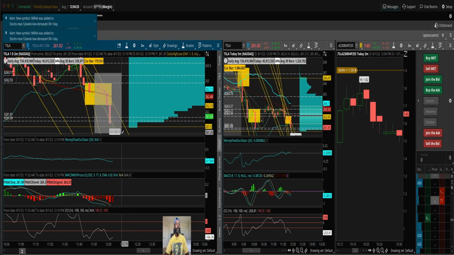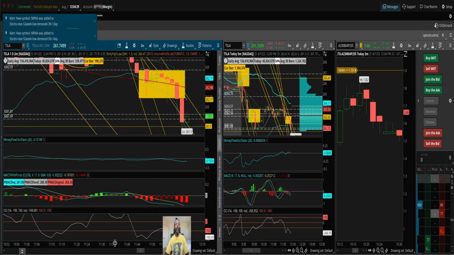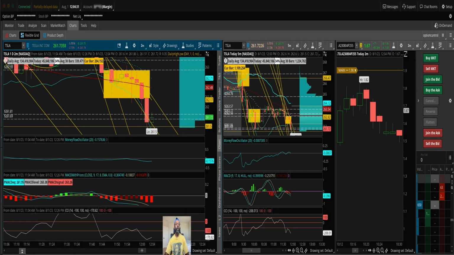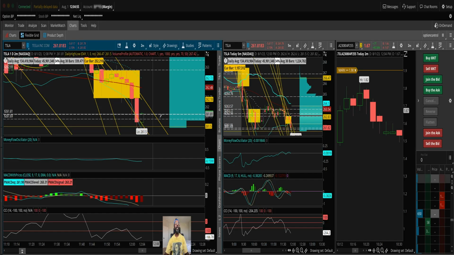That's my stop right there. There's the channel. So you guys see the channel right there. There's resistance. That's my stop, 261.81, because that was a channel. That was the volatility band. So now I'm going to wait and see what happens here.